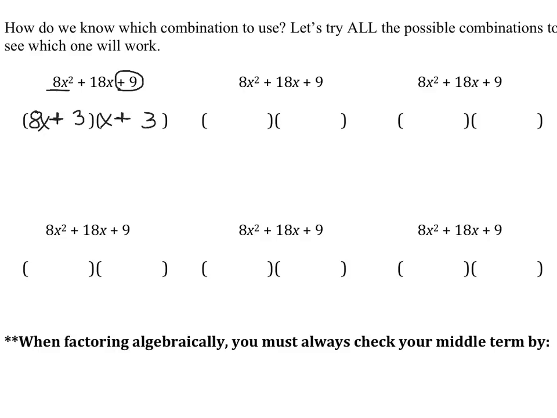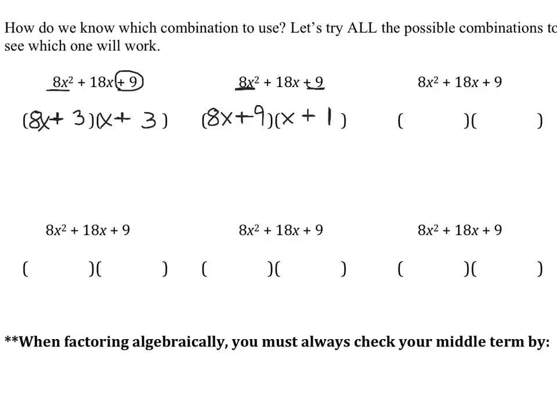That's one possibility. Another possibility would be, let's say I stick with 8x and x, and the other way to do it is 9 times 1, right? So I could have 8x plus 9 and x plus 1. You agree that this would give me 8x squared at the beginning and 9 at the end.